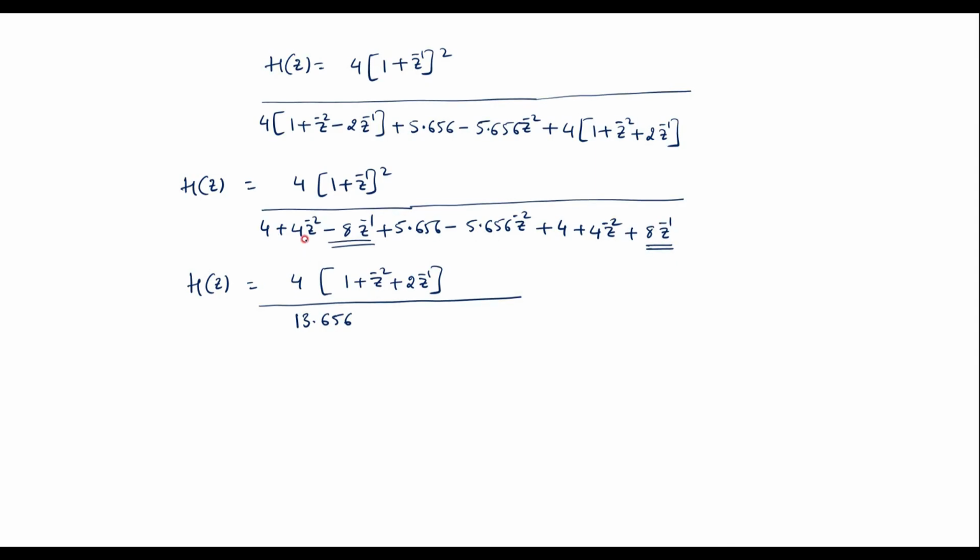The remaining terms are 4z power minus 2 minus 5.656 z power minus 2 and 4z power minus 2. It gives plus 2.344 z power minus 2.